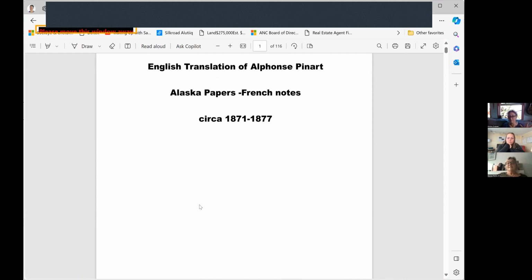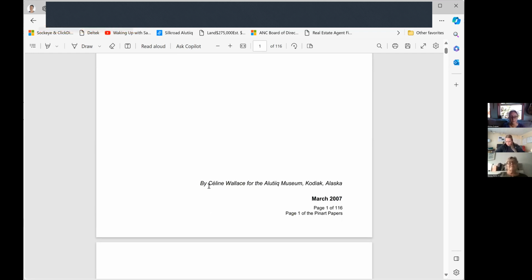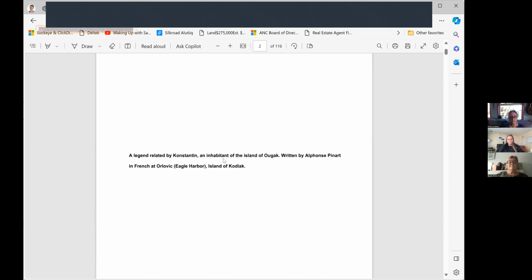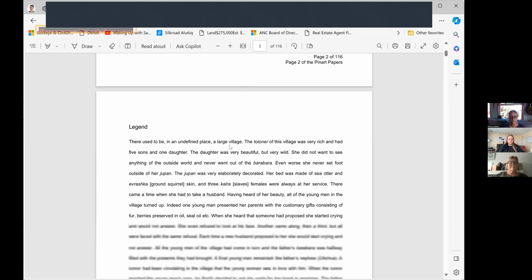Pinart's notes are like 700 pages long, handwritten, and you can go view them in California at the archives there. But they took the portions, and they're in all these different languages, most of it French, some English, some Russian, some of all the different native languages that he came upon. So Celine Wallace did a translation, and that's what this is.